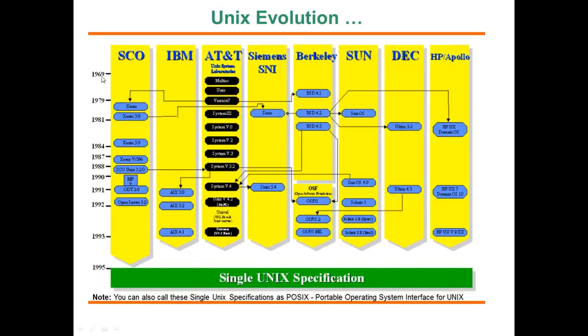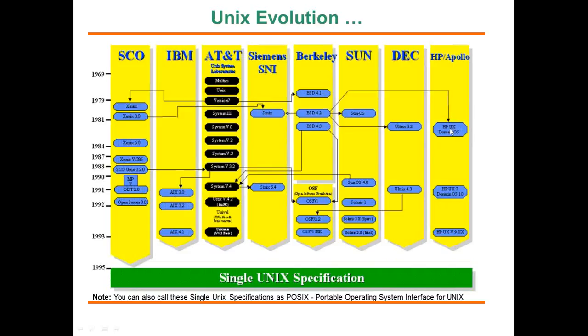What happened once this source code was open in the 1969-70 time frame? Each vendor took the source code and started releasing their own operating systems. But let's say I bought an HP Unix operating system and I was not happy with the HP Unix performance or the costing model, and AIX came into the market with AIX 3.0 or 4.1.